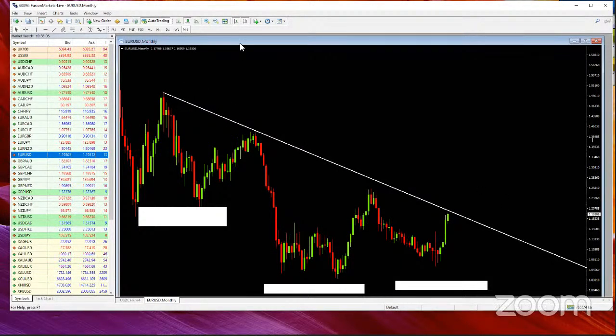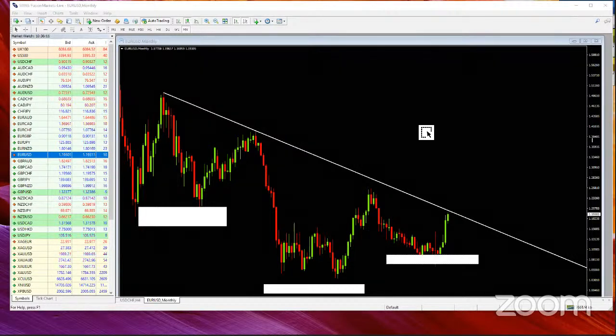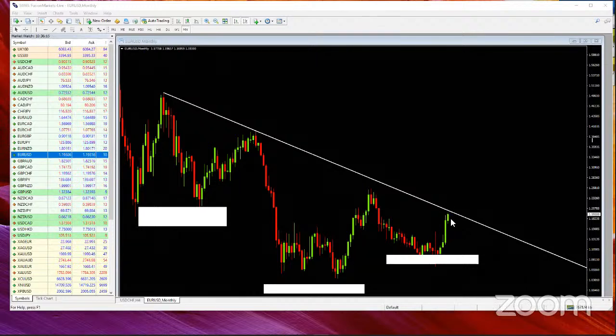And because we're on the neckline, you see, we're on the neckline here, we may as well wait for a break and a retest of that neckline rather than trying to trade it here. I don't think it would be sensible to try and take that one on. So I'm going to pass on the euro dollar at this particular stage. That doesn't look to me like it's in a decent enough place.